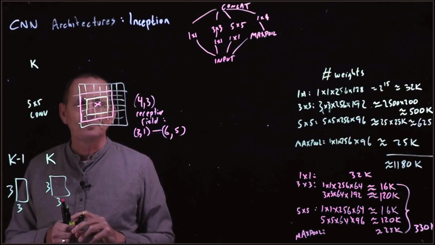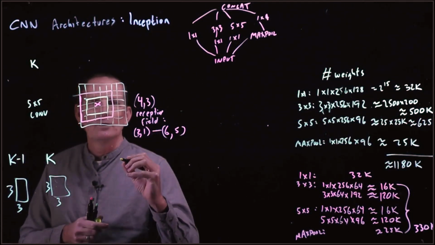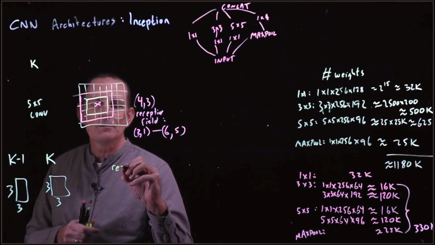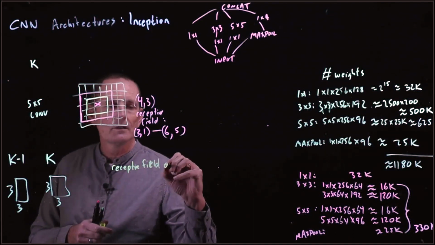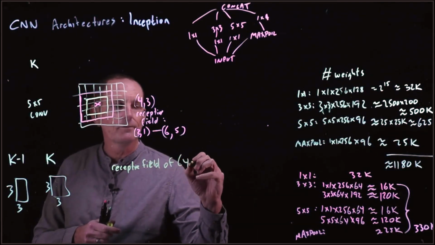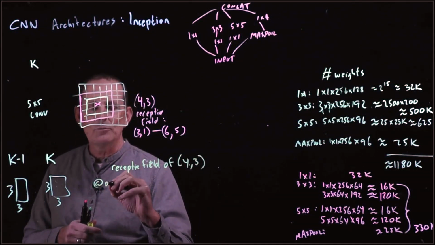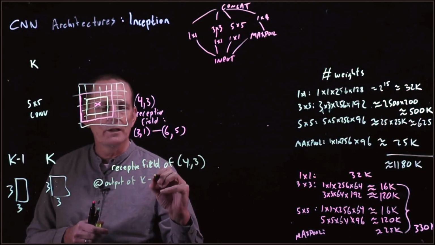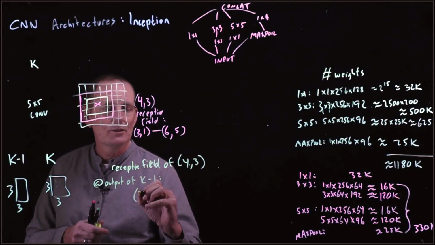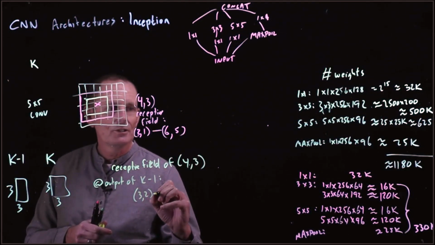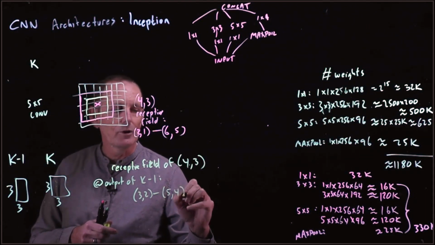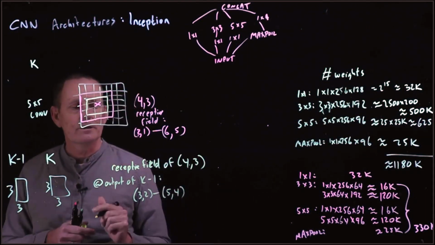Okay, so if we look at the receptive field of 4, 3, which is this value here, at output of K minus 1, it's going to be 3, 2 to 5, 4. This 3 by 3 here.